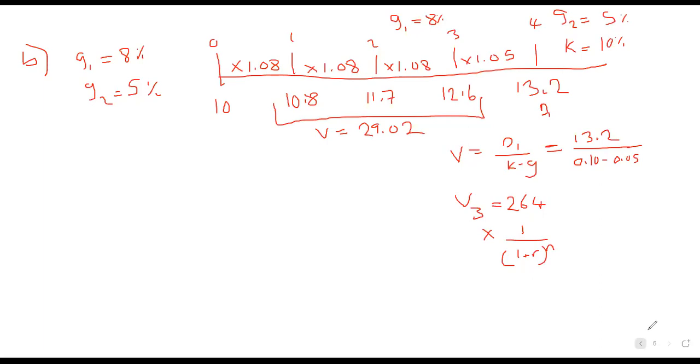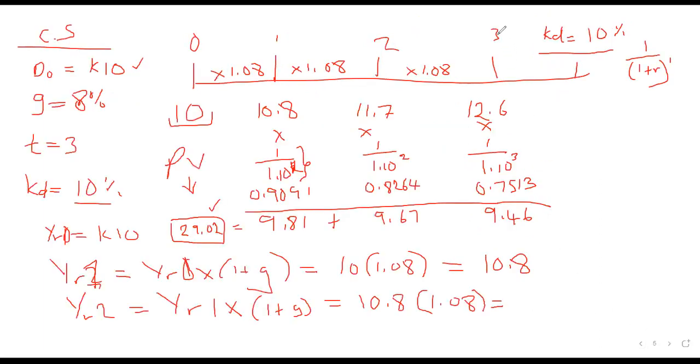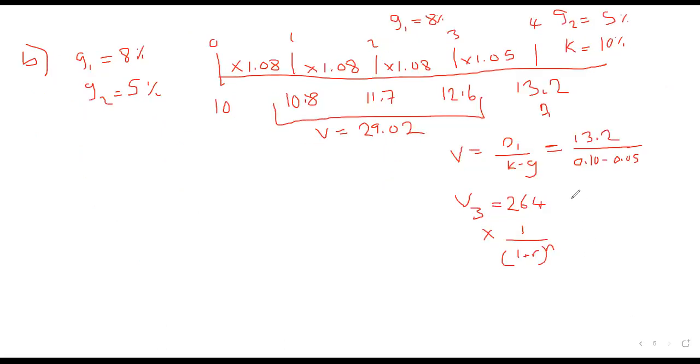We're using this discount rate on the third year. What is our discount rate? 0.7513. We're going to multiply this one times 0.7513.